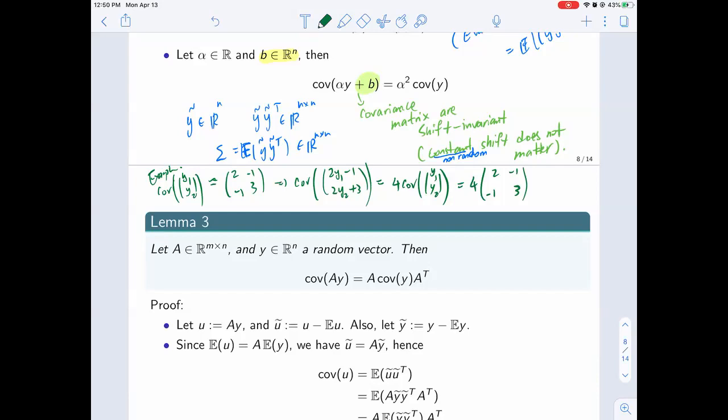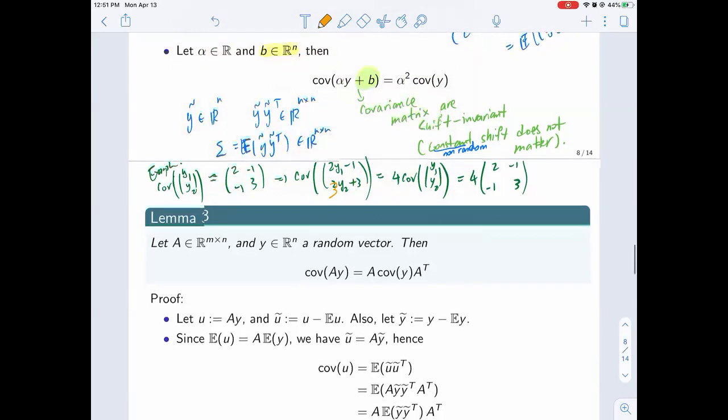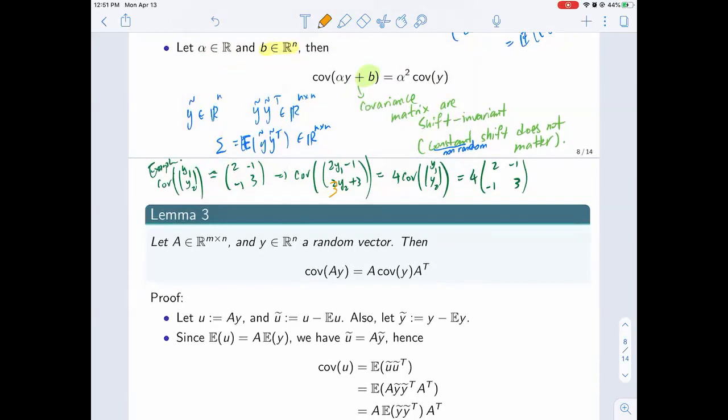So what will happen if, for example, this is 3 instead of 2? That formula doesn't work, but part of that formula works. What part would work? Removing the constant vector. Yeah, so we could just drop this. So you'd get that the covariance of this would be the same as the covariance of this.